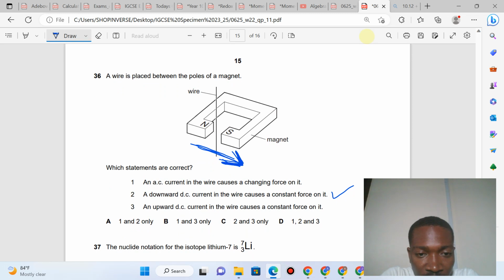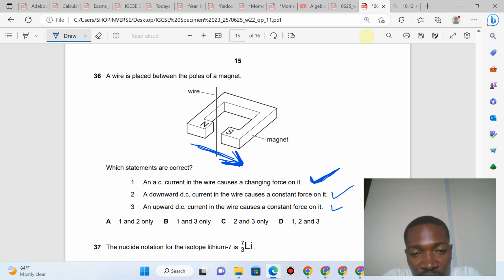Number three, an AC current in the wire causes a changing force. That's also correct because the direction of AC keeps changing, and that would cause the force to keep changing. Number three, an upward DC current in the wire causes a constant force on it. Well, that is also correct. 1, 2, and 3 are correct.